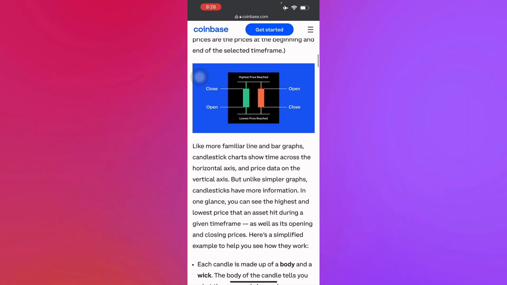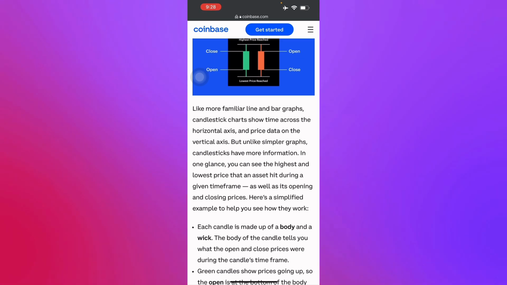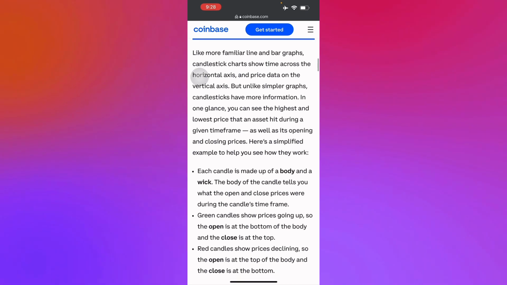Like line and bar graphs, candlestick charts show time across the horizontal axis and price data on the vertical axis. But unlike simpler graphs, candlesticks have more information in one glance, so it's very simple to look at and you'll understand it in a brief second. Here's a simplified example to help you see how they work.